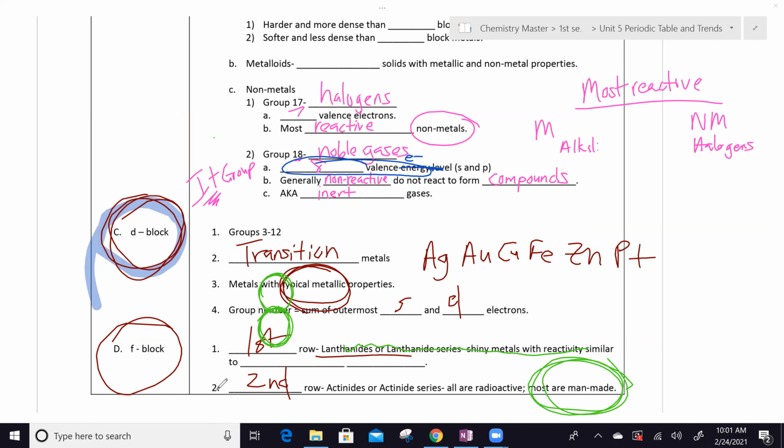Lanthanides are very shiny and they have reactivity similar to the transition metals, which is D block.